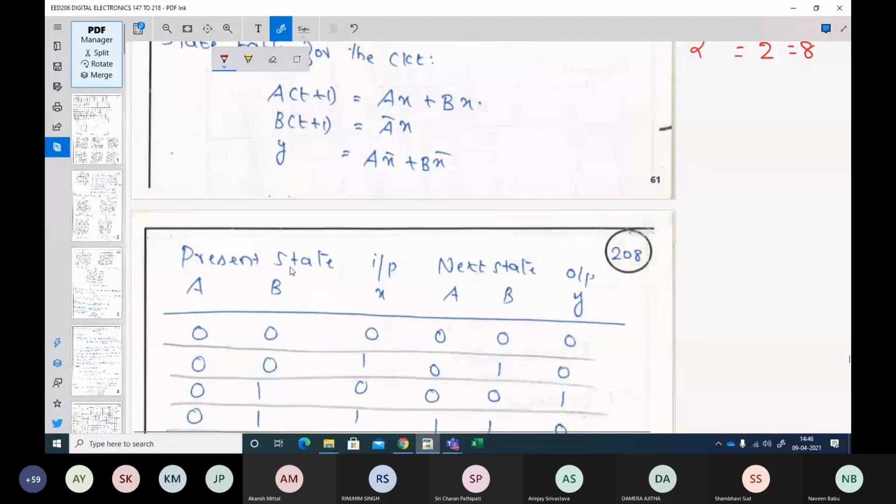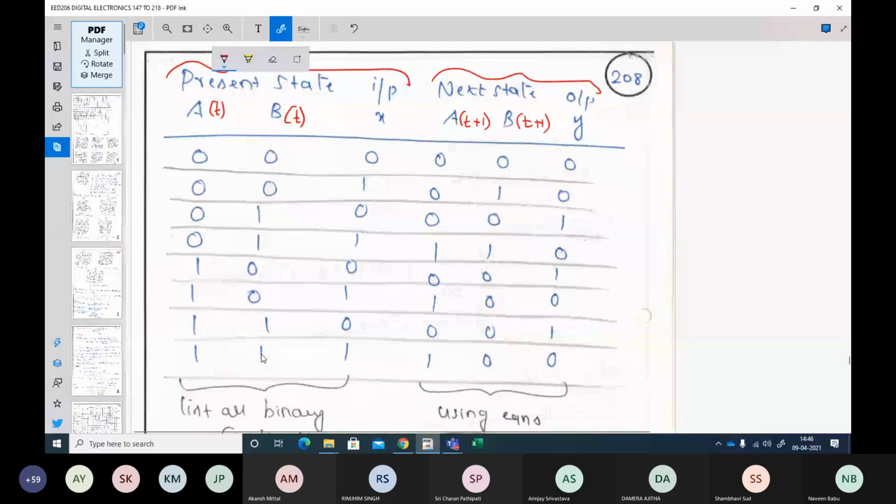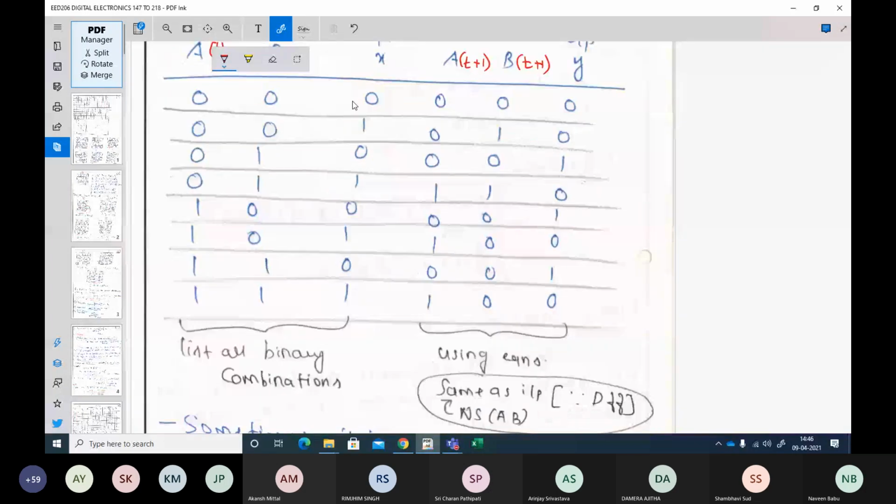Please remember here, this is going to be the combination and the outputs will be your next state and its output. Please remember this is A of t plus 1 and this is B of t plus 1 and this is going to be A of t and B of t. So again, let us list all the binary combinations here: 0, 0, 0, 0, 0, 1, 0, 1, 0, likewise.